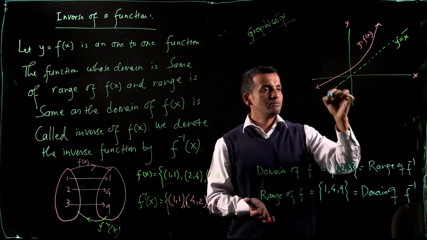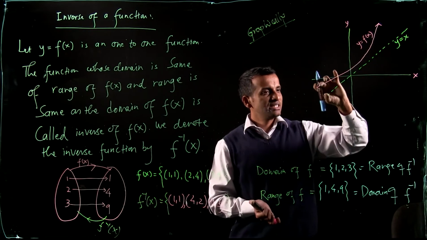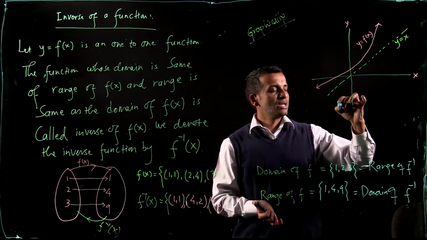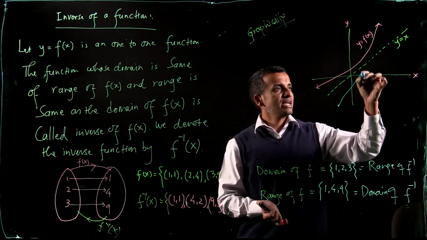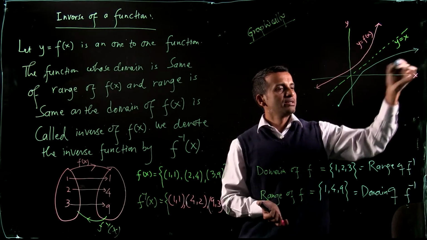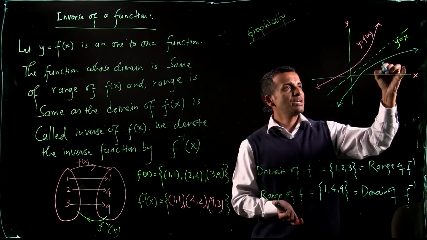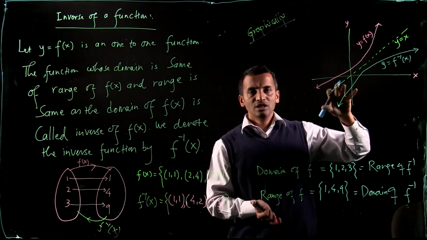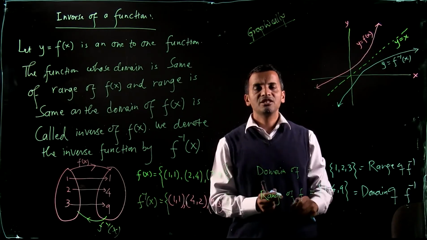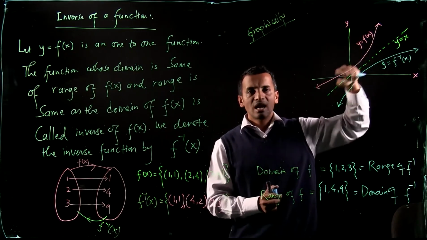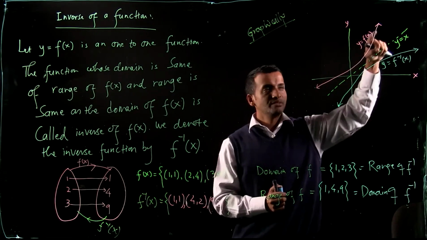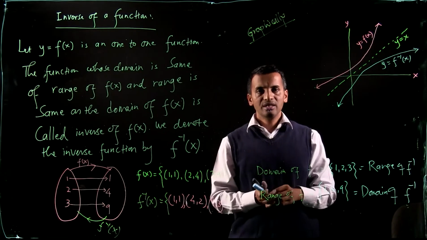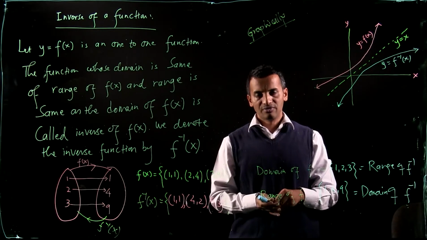How does the reflection look? This part will look like here, because it is that distance far here, and then it will look like this. So this is y equals f inverse x, the inverse function. You reflect the original graph about y equals x, and whatever you get is the graph of the inverse function.